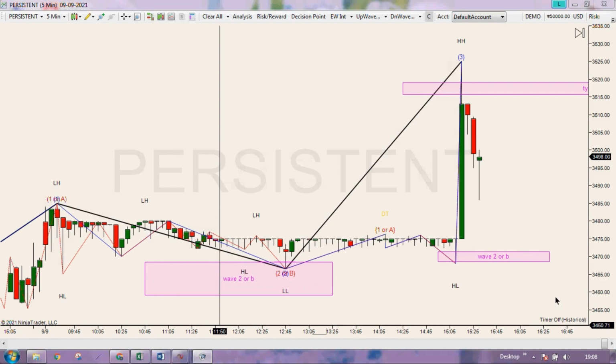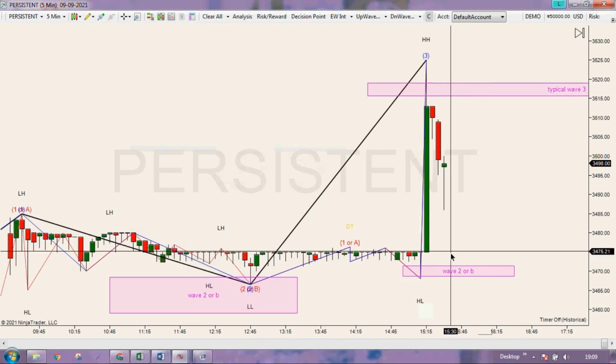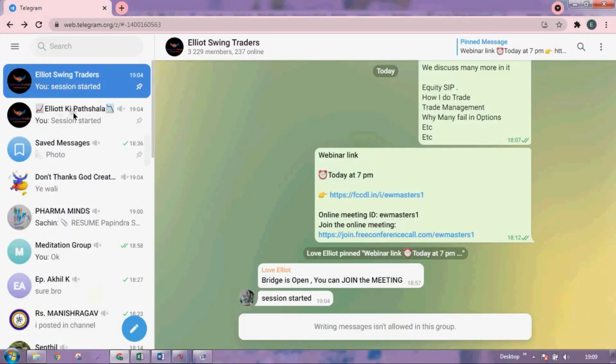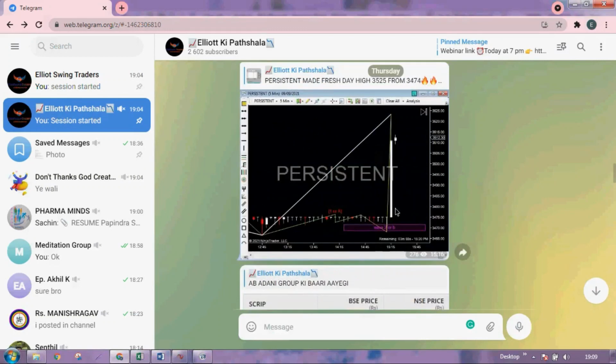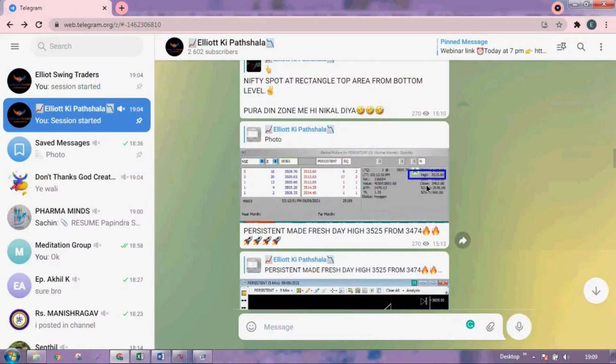Sir, in your system, how do you identify that wave 2 starts from here or wave 3 ends here? Good question. You can see my screen, right? The persistent 5 minute chart that I am showing now. I will show my channel. I mentioned persistent when the price was 3525.